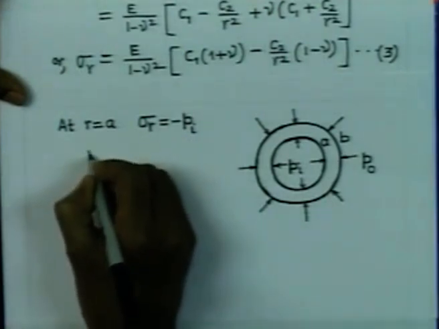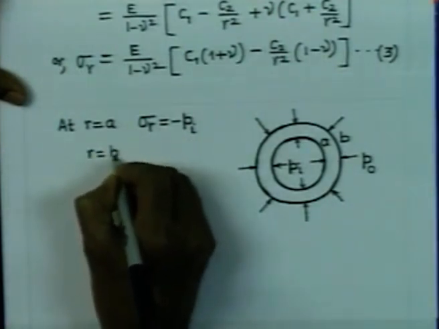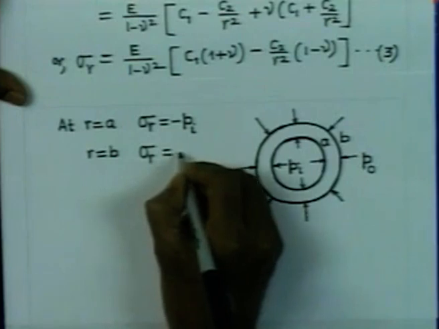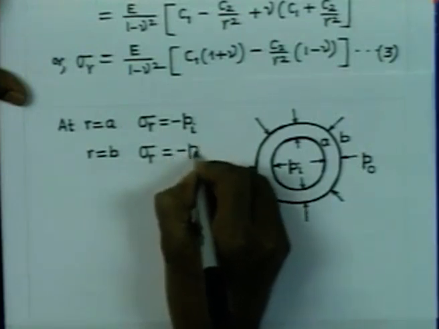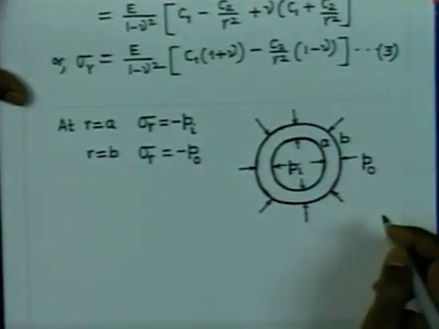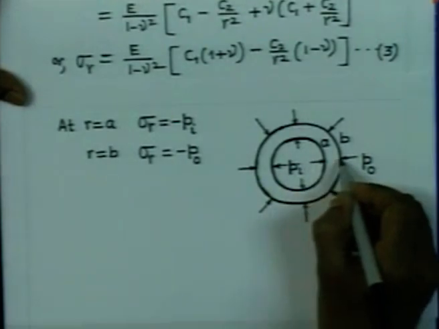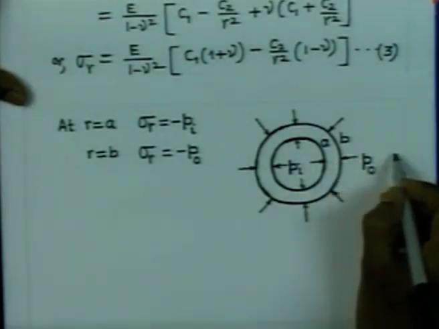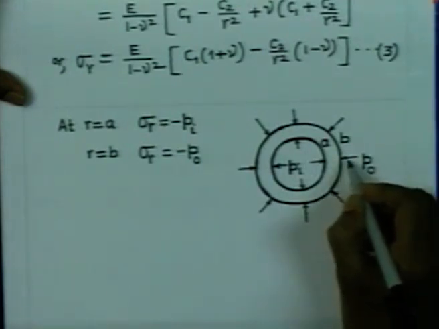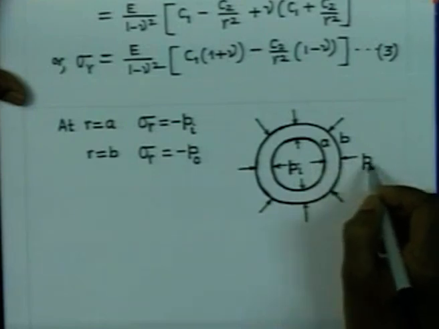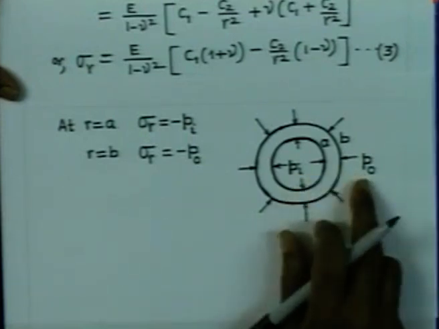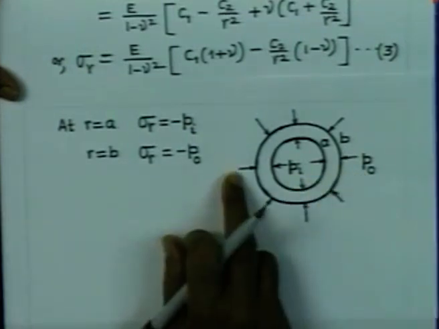Similarly, at external radius r equal to B, your radial stress is equal to minus Po. I want you to reflect upon that. If we consider this surface, its outer normal is directed like this, but this pressure is acting in the negative r direction, therefore, the stress is negative, and it is also from the fact that these stresses are compressive, therefore, they will have to be negative.